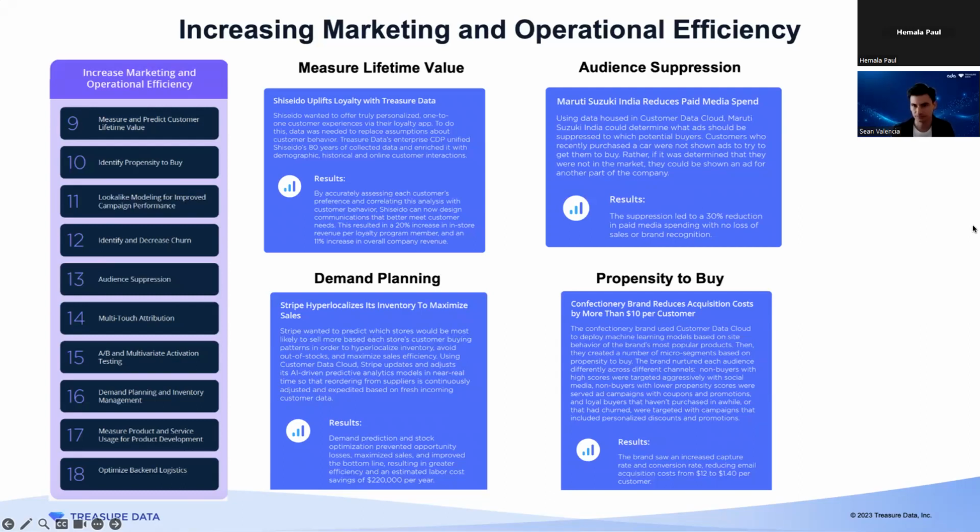And we see an example here of a confectionery brand that's decreasing their acquisition costs as well, by trying to identify the right audience that are likely to convert, and then focusing their resources just on those individuals.